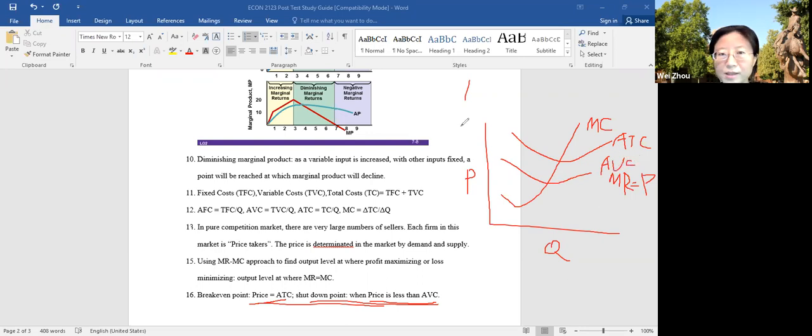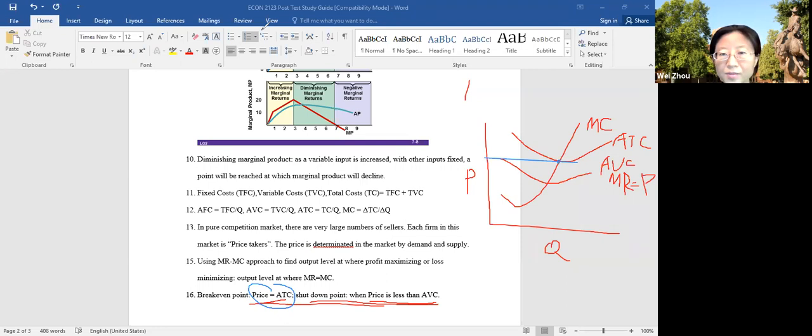So what we say is, if this is the price, that is price equal to average total cost, because your price level is right at average total cost. And that means you break even. Your price is the same as average total cost. So your average cost is $5, you sell it for $5, you break even, okay?